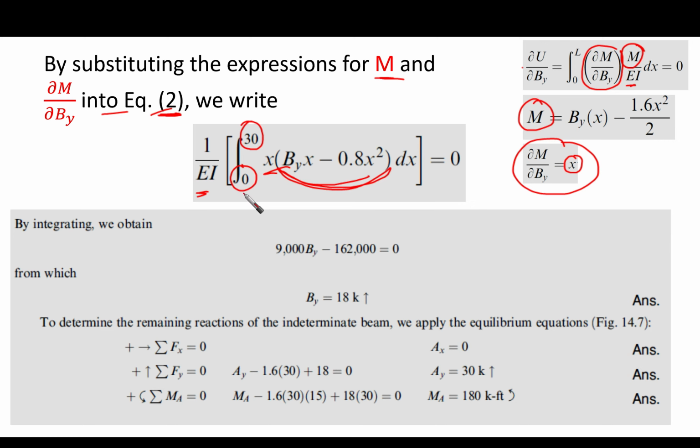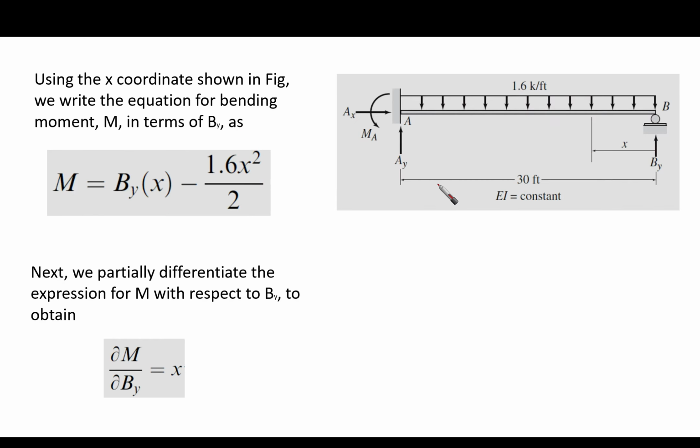Now we are going to make the integration with respect to dx. Okay, so remember, go back. The differentiation here was with respect to what? By. Here, by is the main parameter for making the differentiation. So we reach this, and remember that in the denominator we are dealing with by, not x.